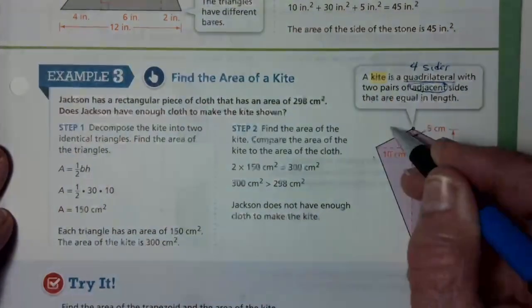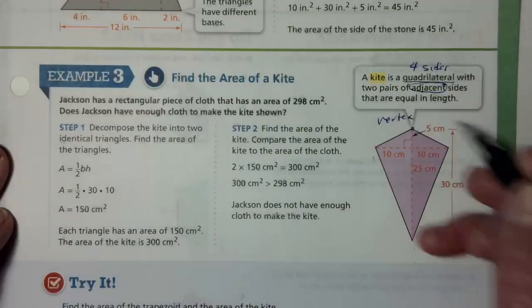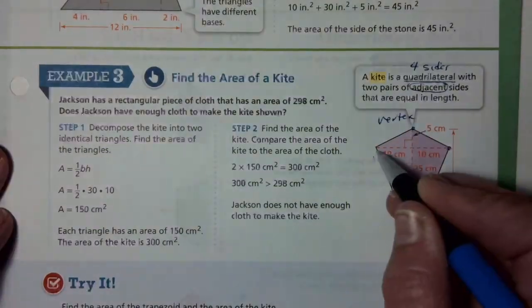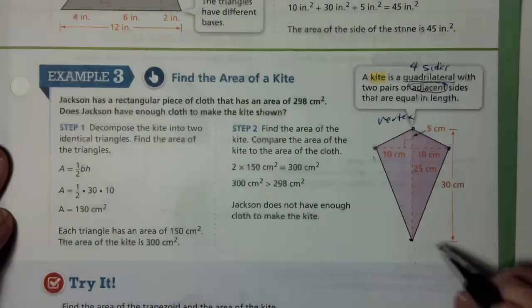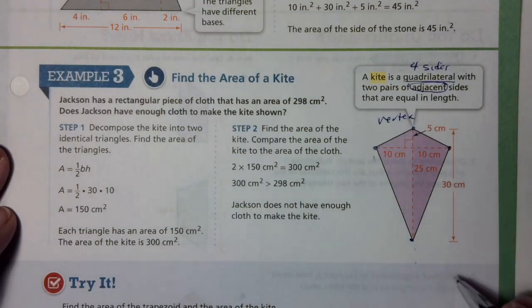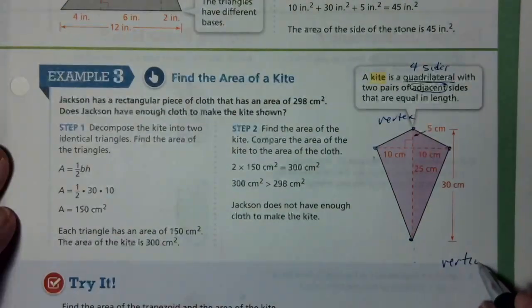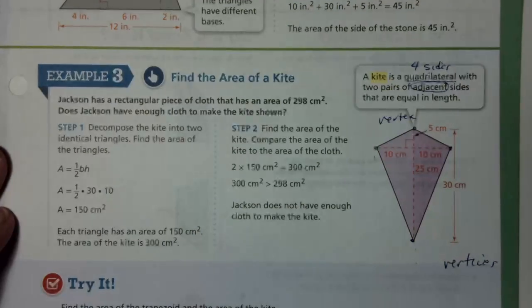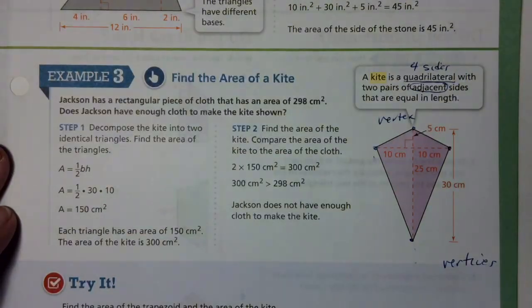This is called a vertex, and a vertex and a vertex. There are 4 vertices. V-E-R-T-I-C-E-S is plural for vertex. There are 4 vertices on a 4-sided figure. There are 4 vertices on any quadrilateral.